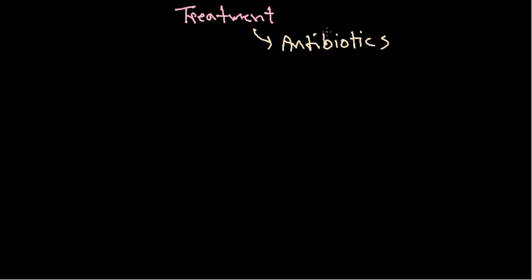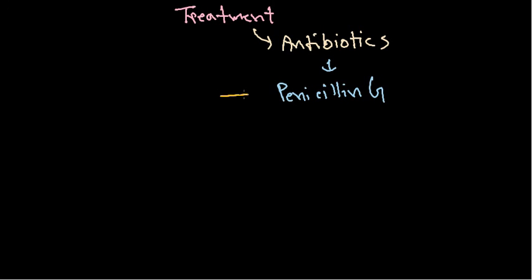Usually Streptococcus species like Streptococcus pyogenes are still not resistant to penicillin, so we can use penicillin G as an antibiotic.